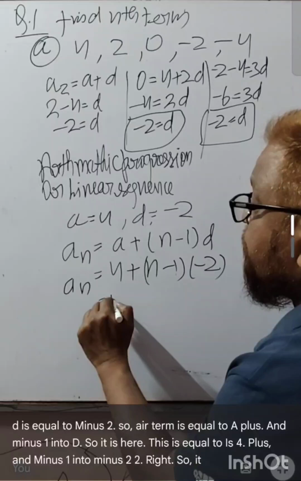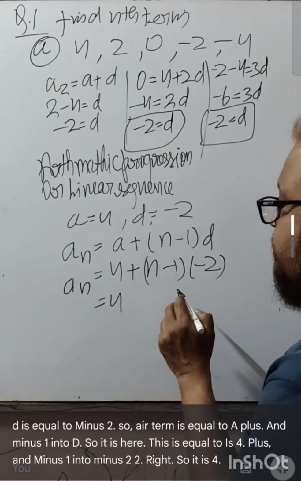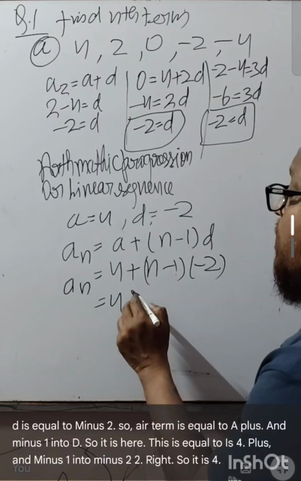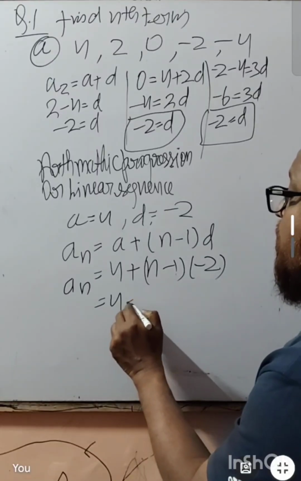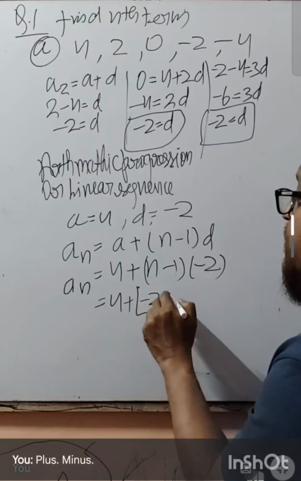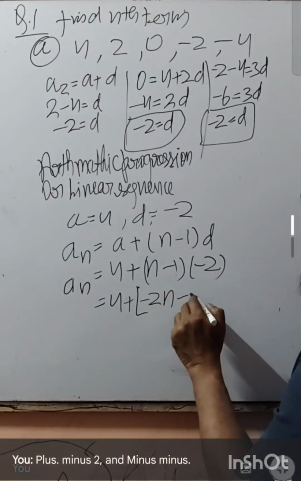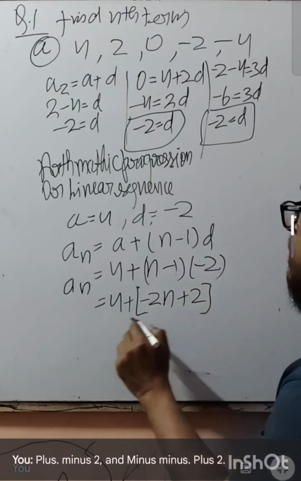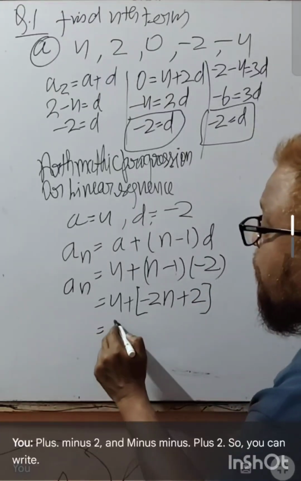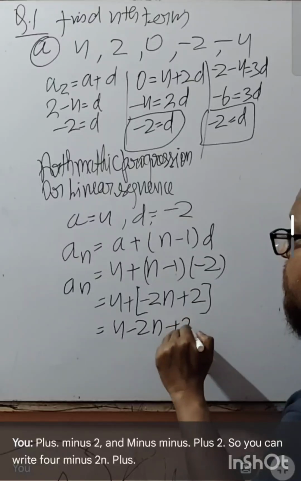So it is 4 plus minus 2n minus minus plus 2. So you can write 4 minus 2n plus 2.